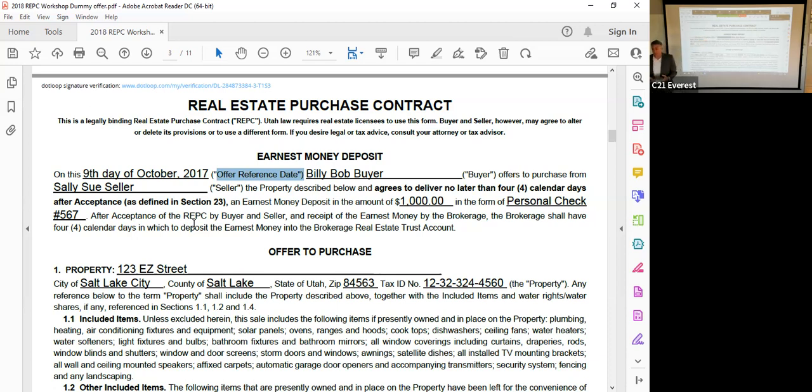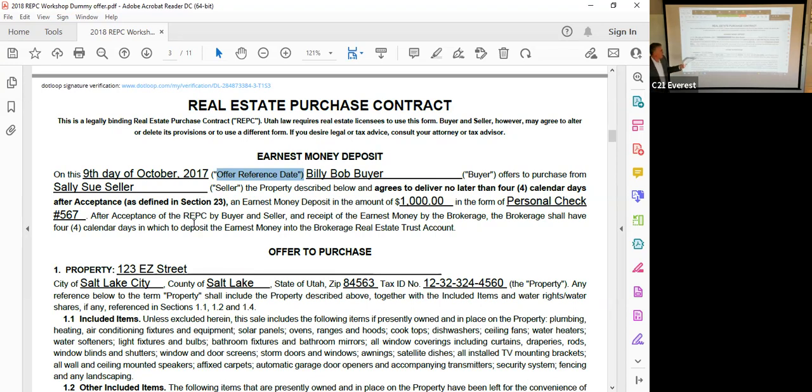Because an addendum or a counteroffer is in reference to the purchase contract with the reference date of whatever date you put in here, and that is what should go on the addendum or the counteroffer. Make sense?